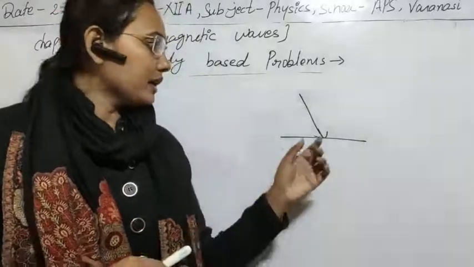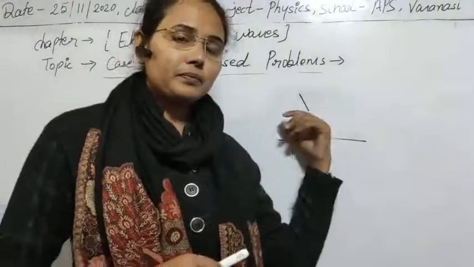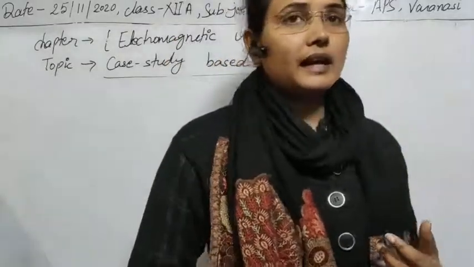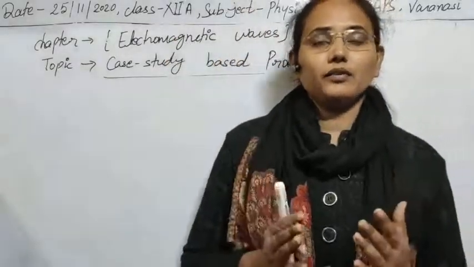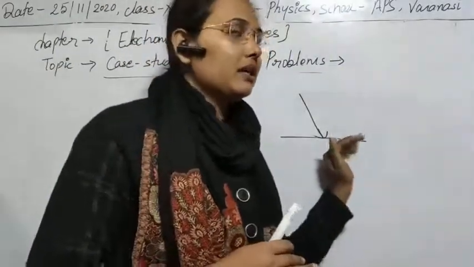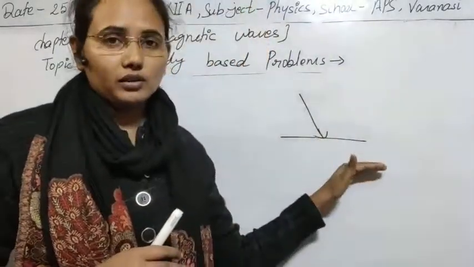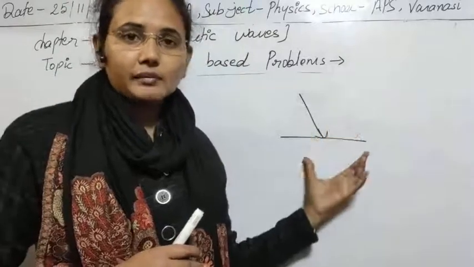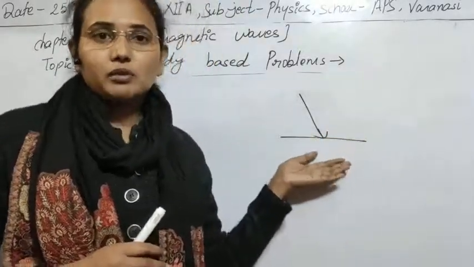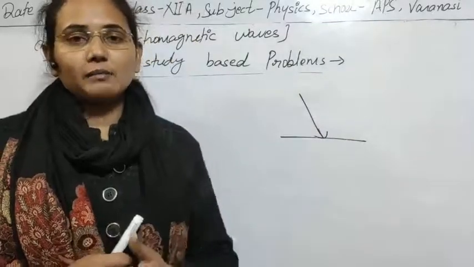There can also be other cases, where some light shows fluorescence or other properties, depending on the material on which it is falling. Clear? I have just taken the example of metals, where the photoelectric effect can be obtained.